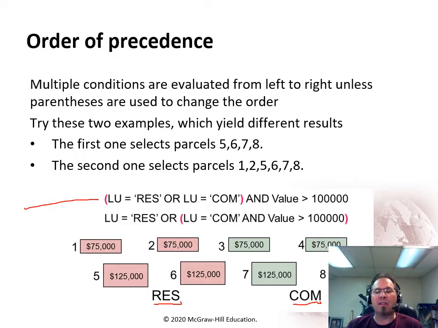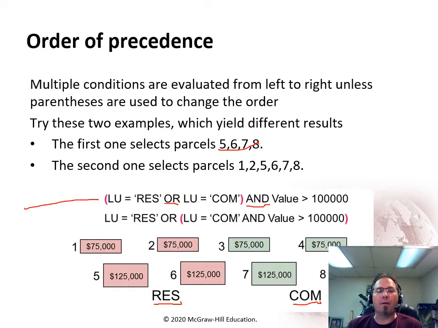Those are in parentheses, so that's going to be evaluated first. Then we're tacking on another condition, value is greater than 100,000. Because we have the or here, it's going to give me back all 8 of those because they all fit within residential or commercial. Then it's going to evaluate that data set and give me back everything that's greater than 100,000, which would give me 5, 6, 7, and 8, which is what it says right here.